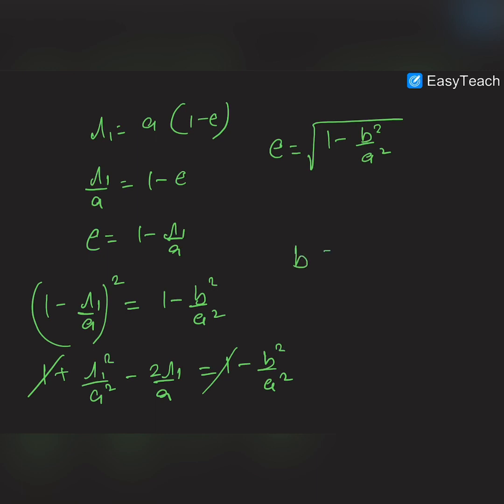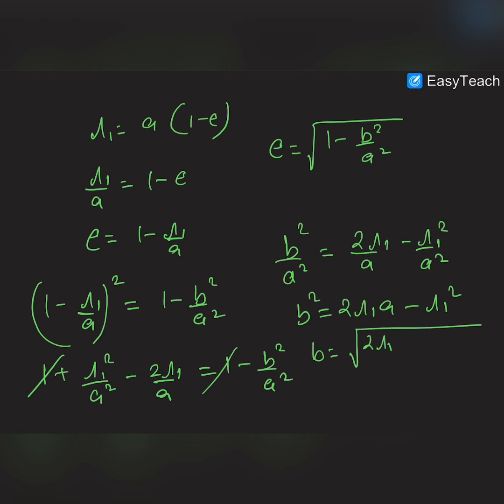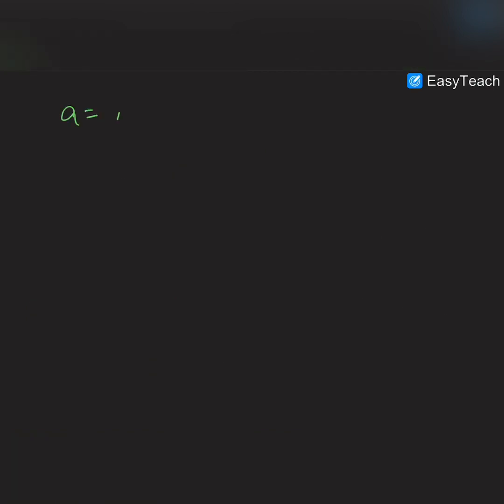So the value of b will be equal to, in fact you can see that b square by a square is equal to 2r1 by a minus r1 square by a square, and b square is equal to 2r1 a minus r1 square, and b is equal to under root of 2r1 a minus r1 square. Okay, and we know that the value of a is equal to r1 plus r2 by 2.